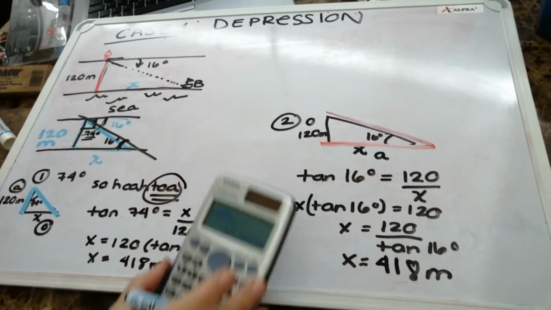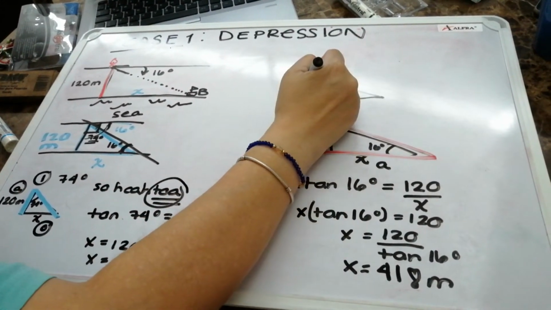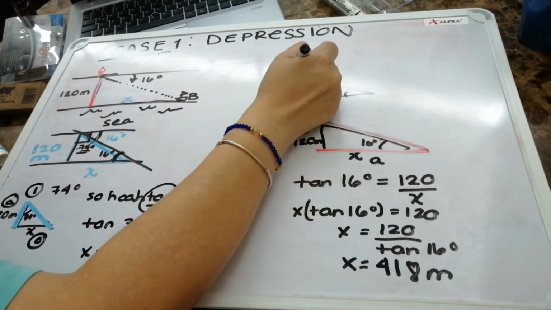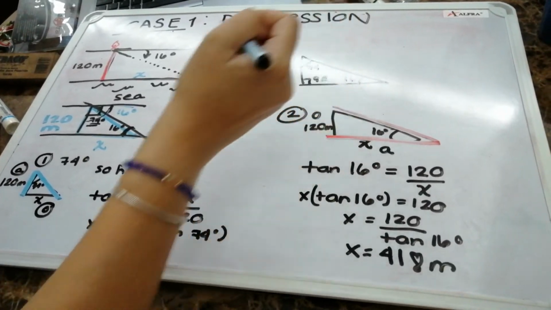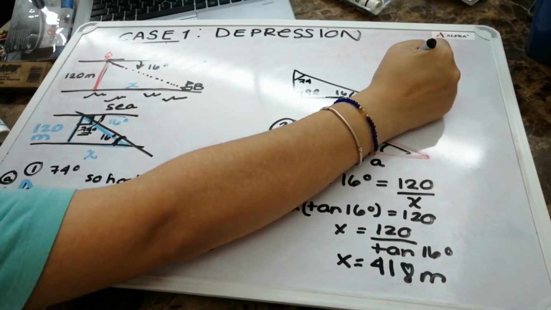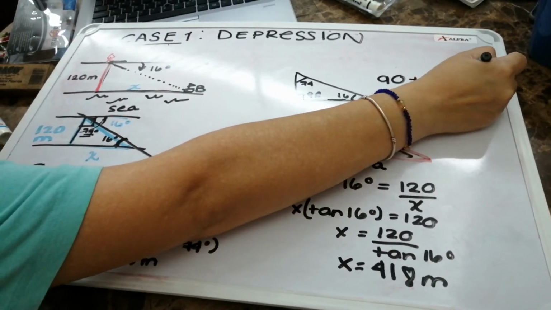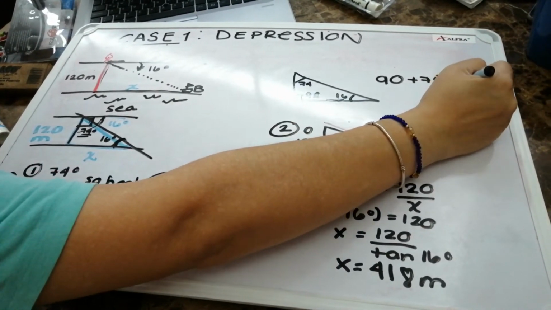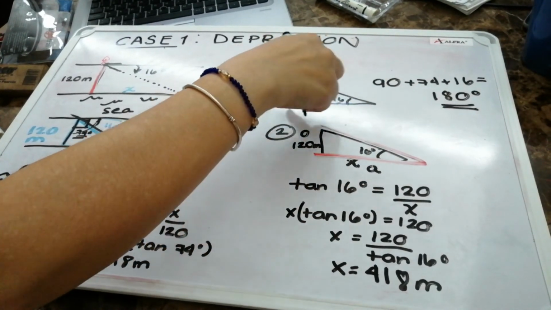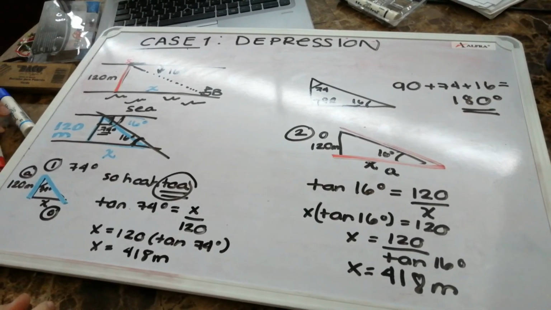I get the same answer because, as you can see, in a right triangle, this is 90 degrees, this is 16, and this is 74, according to what I just told you. And if I add them, 90 plus 74 plus 16, the answer would be 180 degrees, which is the sum of the internal angles in a right triangle or in any triangle.